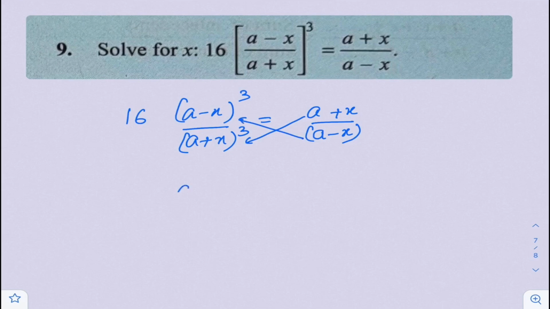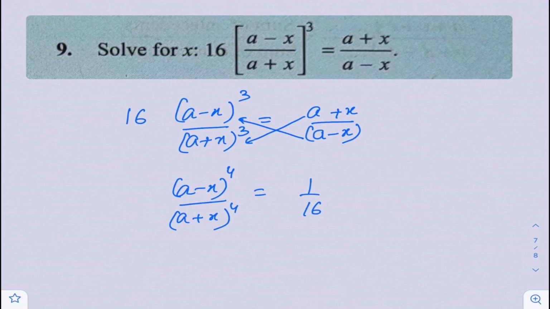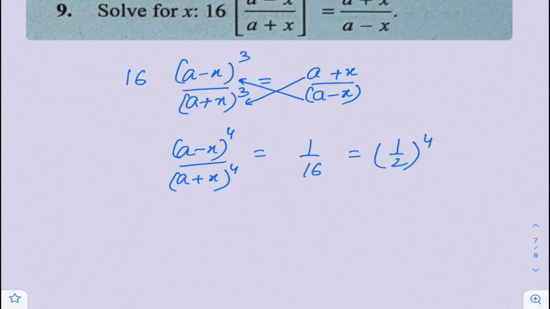So it will be (a minus x) to the power 4 over (a plus x) to the power 4, and it is coming 1 by 16. If you take 16 on the RHS, it will be 1 by 16. 1 by 16 means 1 by 2 power 4. Now you see power 4 is there on both sides, so you can cancel it. We get (a minus x) over (a plus x) equals 1 by 2.